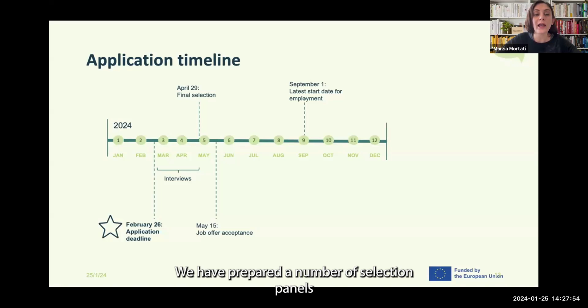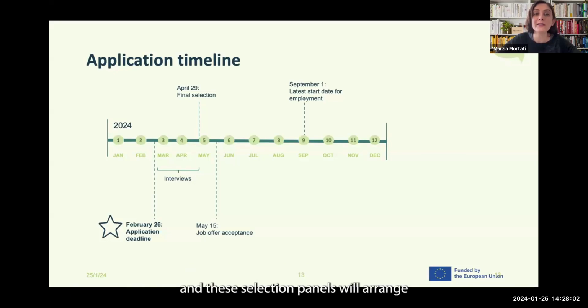We have prepared a number of selection panels for each one of the doctoral projects advertised. And these selection panels will arrange 2 different interview moments with the candidates that pass the first moment of screening.